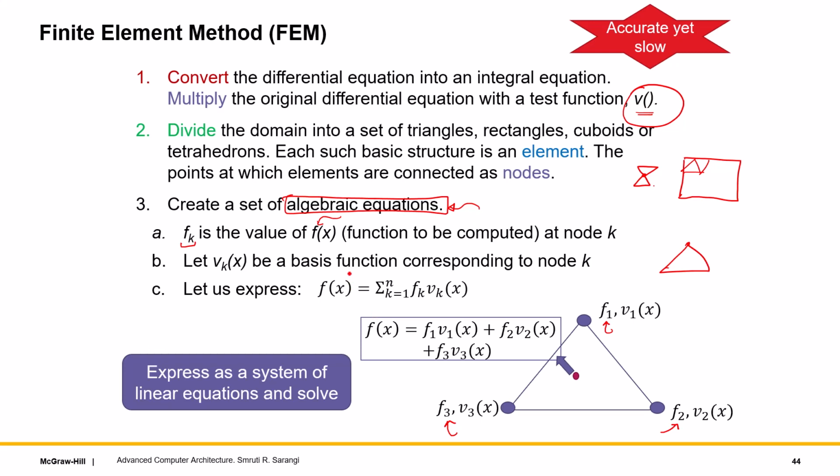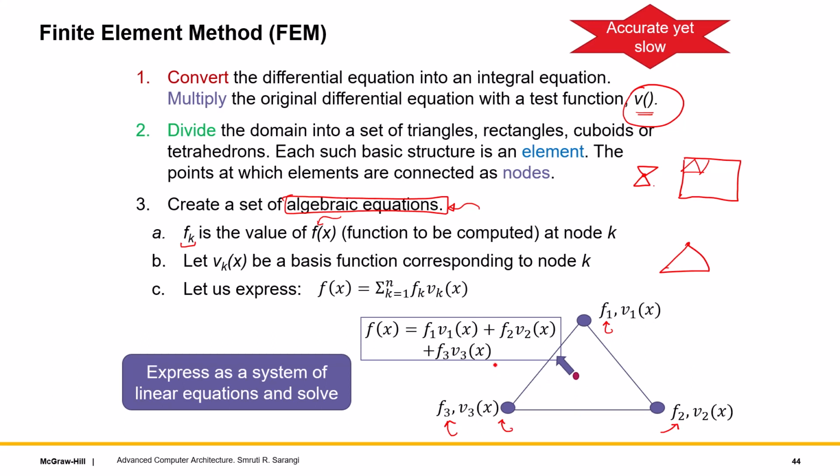A basis function is what sine and cosine are in a Fourier series, or what the negative exponential is in a Laplace series. It's basically a set of simple functions that can be linearly combined to produce a more complex function. So let's say at each of these points, these are the basis functions v1, v2, v3.